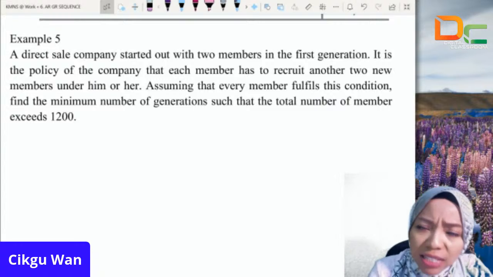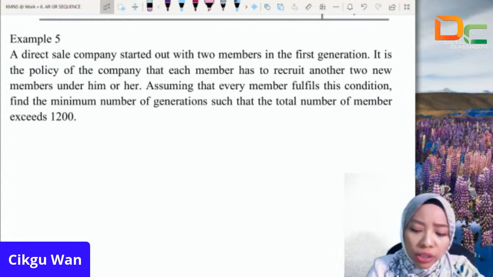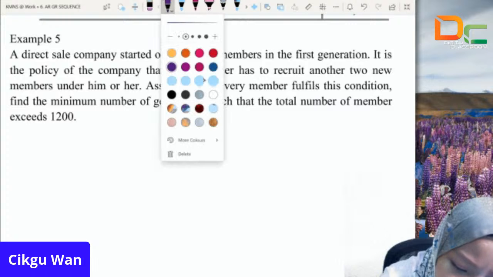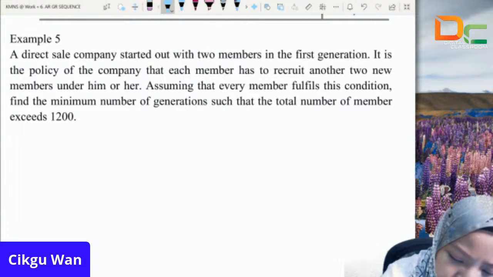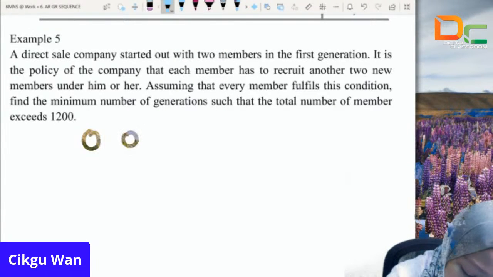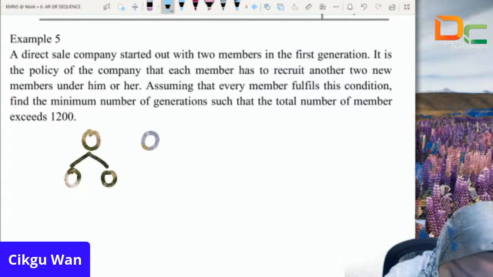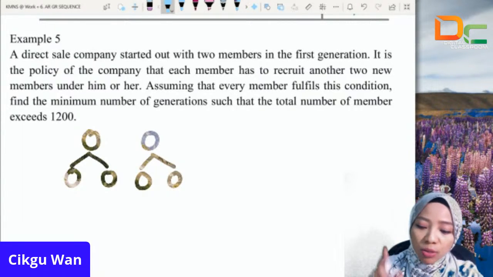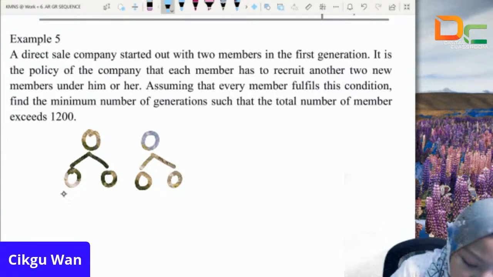Let's draw so that you get the whole picture. That is what it looks like.